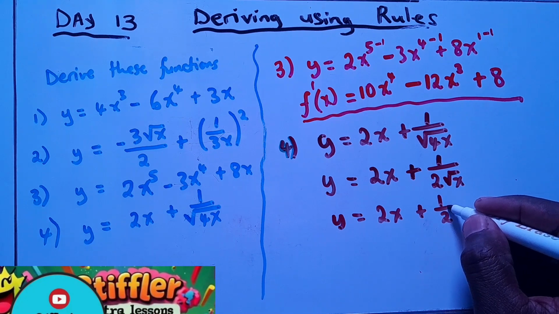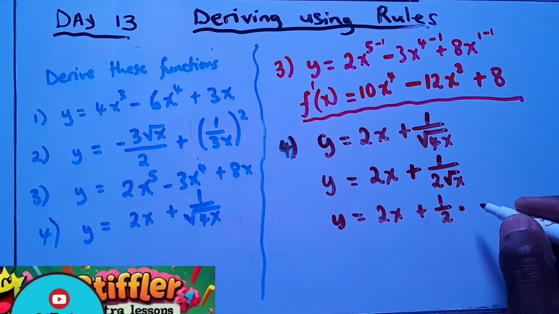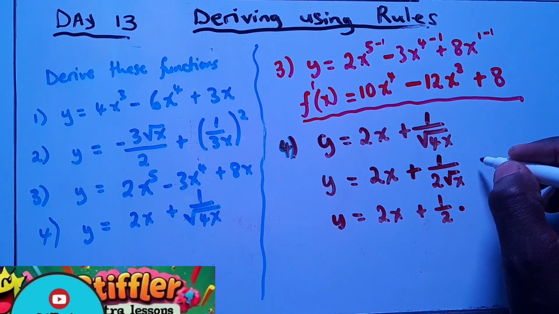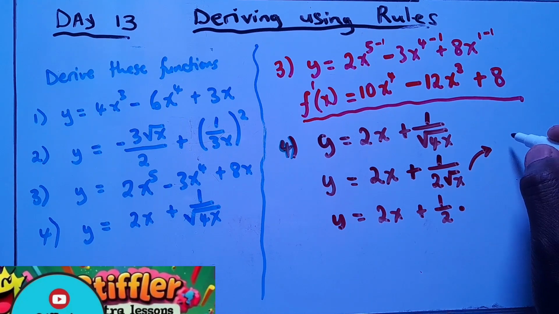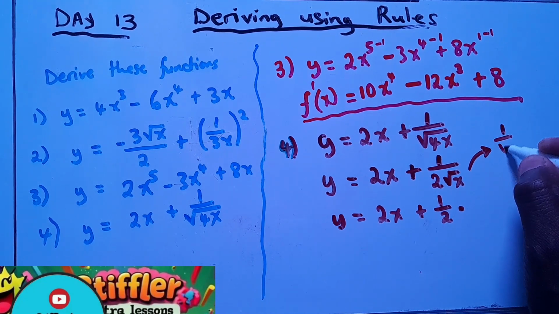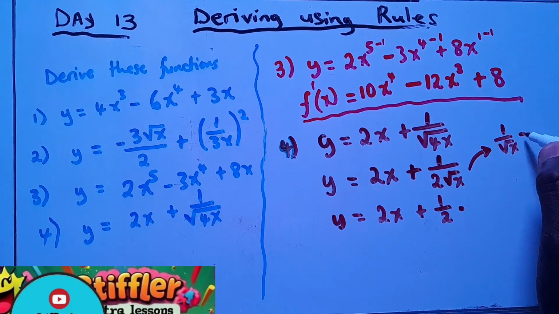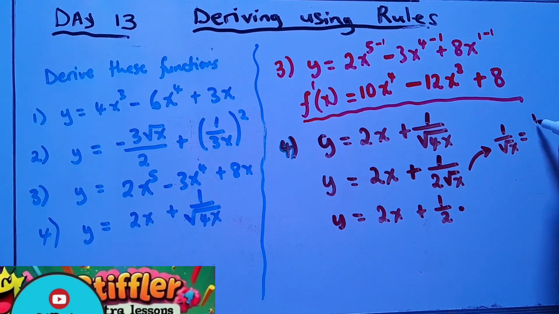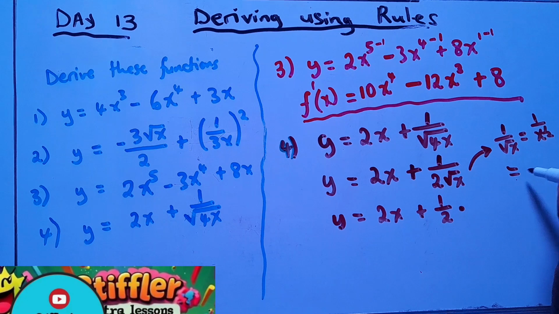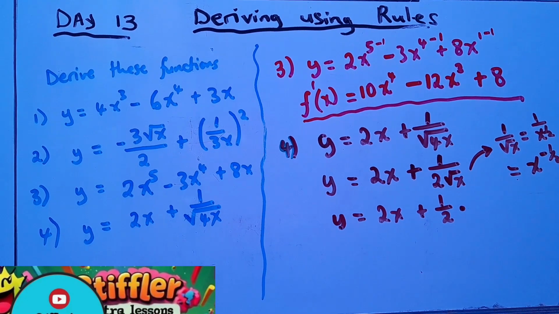half multiplied by, so this is kind of like below here, so this is the same as 1 over root of x, which is the same as 1 over x to the power half, which is also the same as x to the power negative half, like that.